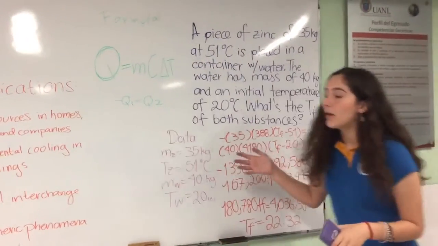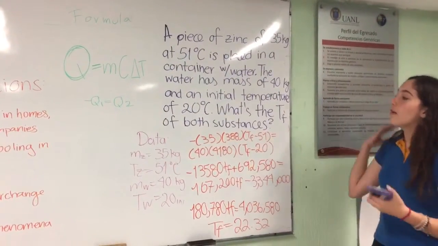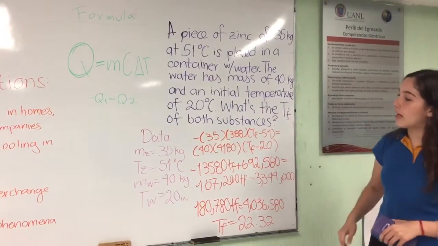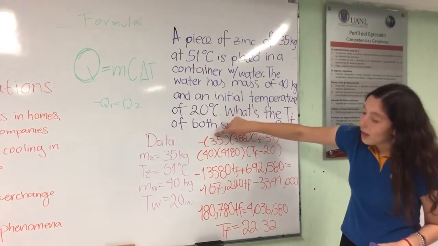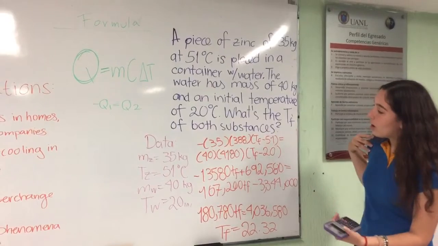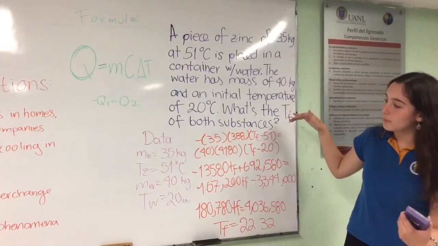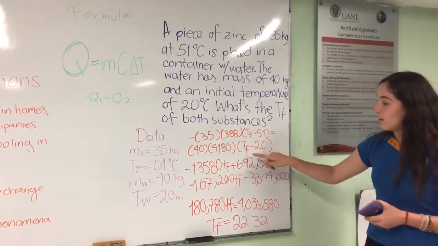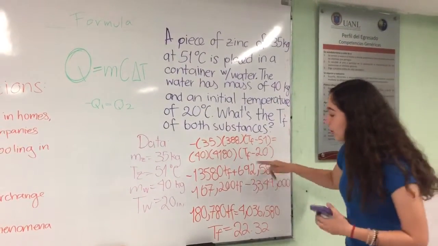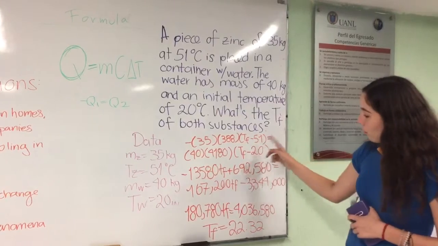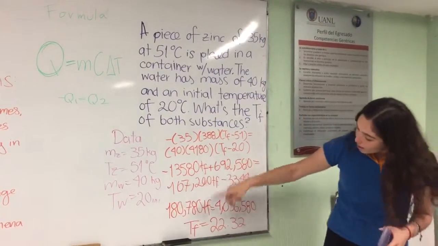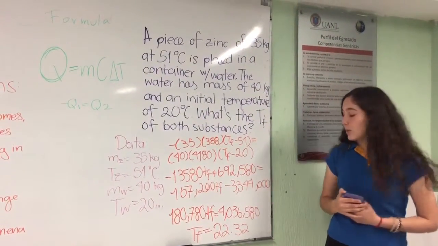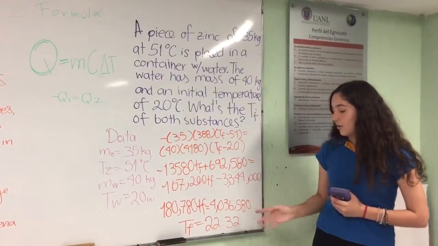So here we have already the problem solved. We have to equal both of the substances and isolate the TF, temperature final. So at the end we get that the final temperature is 22 degrees and 30 degrees.